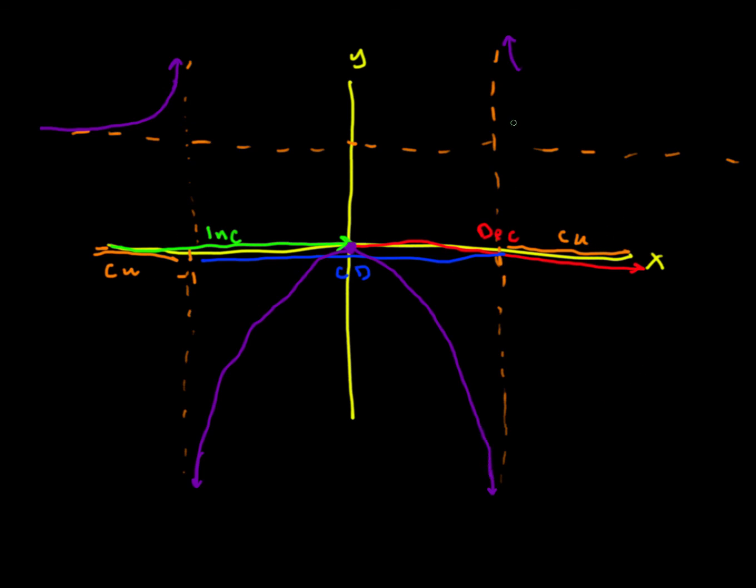And the last little bit, it's concave down and decreasing, which means, again, it can't cross this horizontal asymptote because if it did, it would have to increase. And so the graph has to look something like this. And that's the graph of y equals x squared all over x squared minus 1.